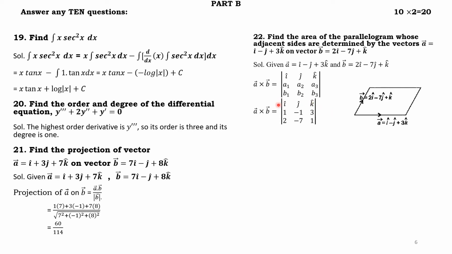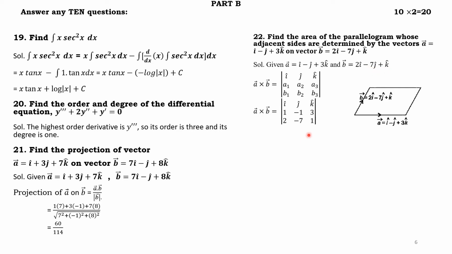So A cross B is i j k, then 1, the coefficient of i is 1, the coefficient of j is minus 1, and the coefficient of k is 3. In the third row, we write the coefficients of vector B. That is, the coefficient of i is 2, the coefficient of j is minus 7, and the coefficient of k is 1.